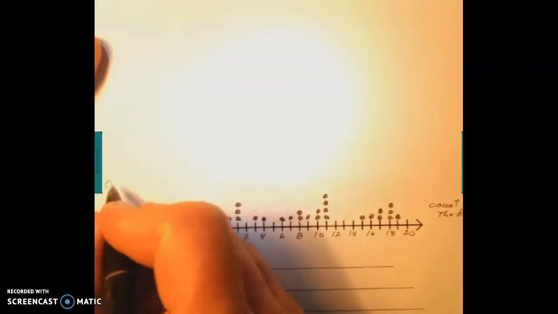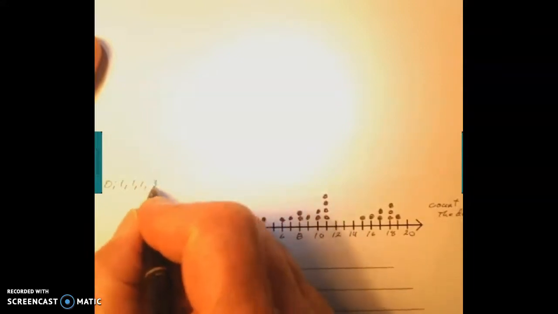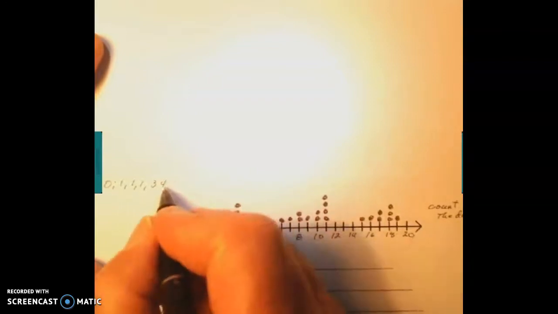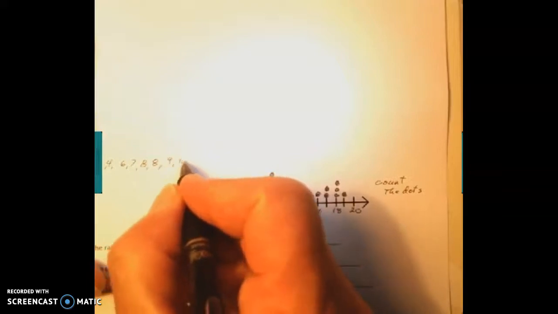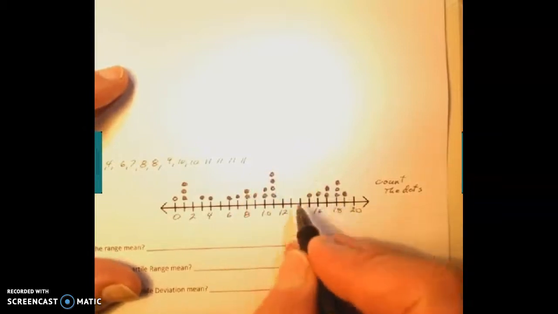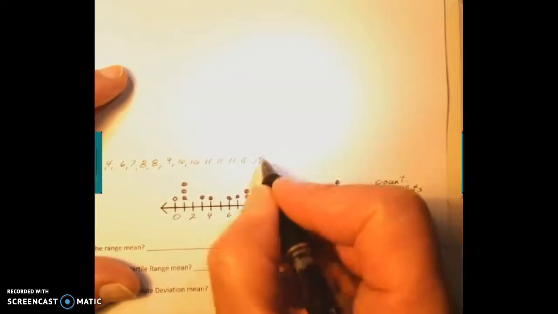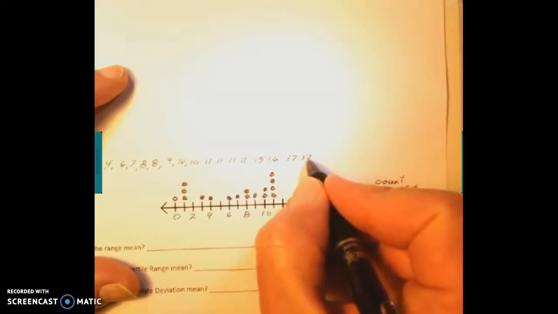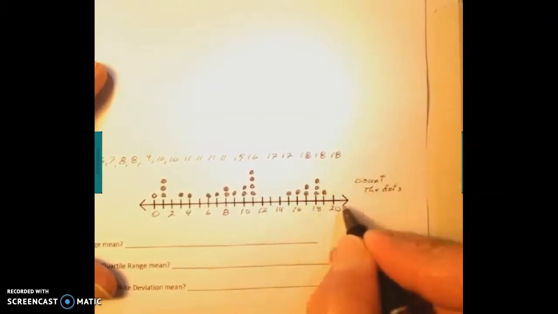So I've got a 0, 3 1s, a 3 and a 4, 6, 7, and 2 8s, a 9 and 2 10s, 4 11s, okay, and then it goes up to 15, 16, and 2 17s, 3 18s, and a 19.